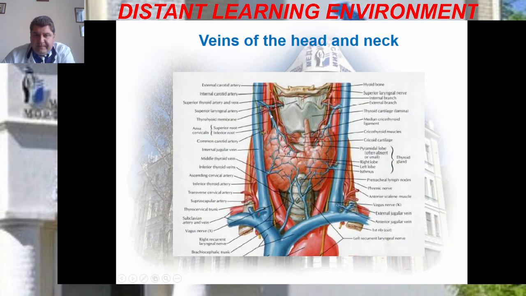Next you may see these veins in detail: superior, middle, and inferior, maybe unpaired, inconstant, in the blood supply of the thyroid gland.